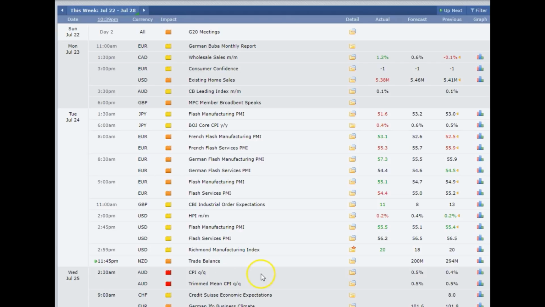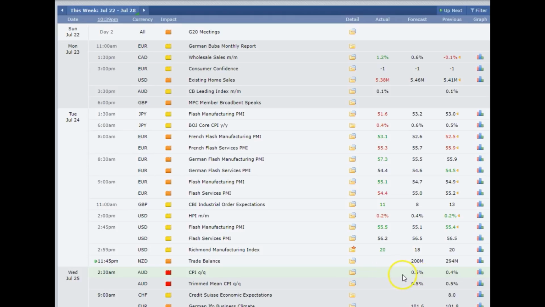If the figures come out as 0.7%, then you buy the Australian dollar, US dollar, and any other Australian pairs you can buy as well, such as the Australian dollar and the Japanese yen. If the figure comes out as, say, 0.3%, in that case you need to sell Australian dollar against the US dollar and Australian dollar against the Japanese yen.